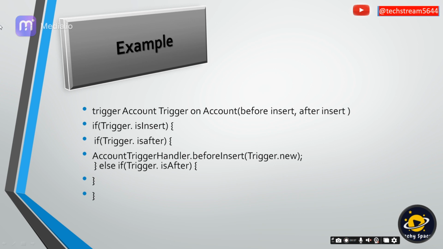So next is else if Trigger.isAfter. This conditional statement in Apex allows you to check an additional condition if the previous condition evaluates to false. In this case, it checks whether the trigger context is the after context. As mentioned earlier, Trigger.isAfter is a built-in boolean variable in Salesforce triggers.